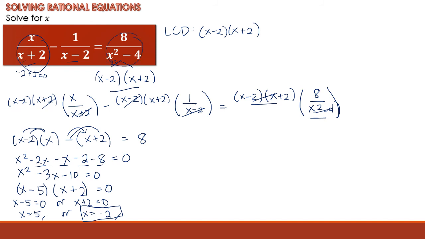Kapag ginamit natin dito si 5, 5 plus 2, okay, good, 7. 5 minus 2, okay, positive 3. 5 squared is 25, minus 4 is 21, so still not equal to 0. So, since ito ay hindi pwede, ito yung tinatawag nating extraneous solution. Therefore, our solution set lamang ay si x equals 5.